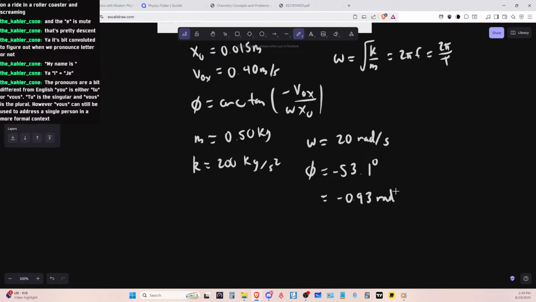Pronouns are a bit different in English. You is either tu or vous. Tu is singular and vous is plural. Yeah, I think that's the same with Spanish in Spain. They have a similar kind of pronoun structure like that. However, vous can still be used to address a single person in formal context. Right, yeah. I think I looked that up when I was looking up stuff about French on YouTube. And what's the one for we?